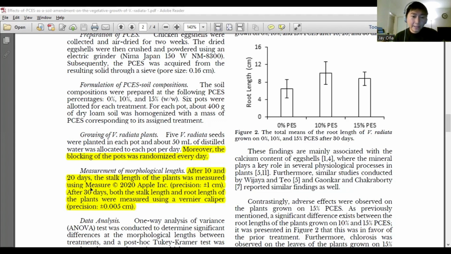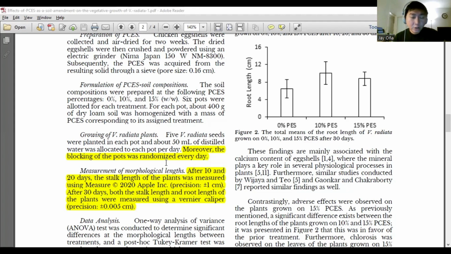So I think they also use a vernier caliper. So somehow these authors should also include how the measurement using this app compares with a vernier caliper or any standard ruler or measuring device.